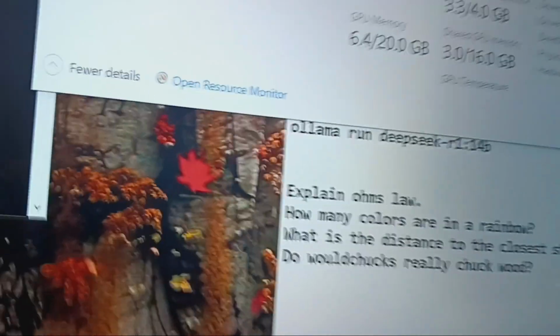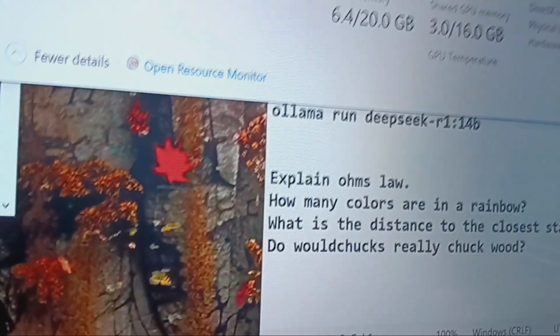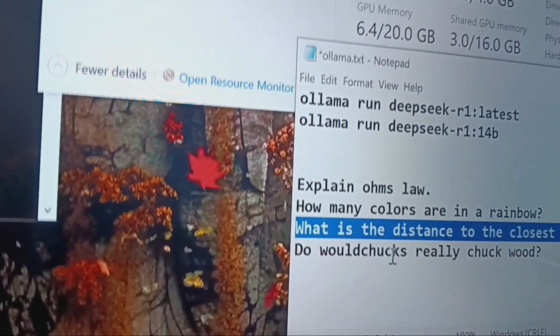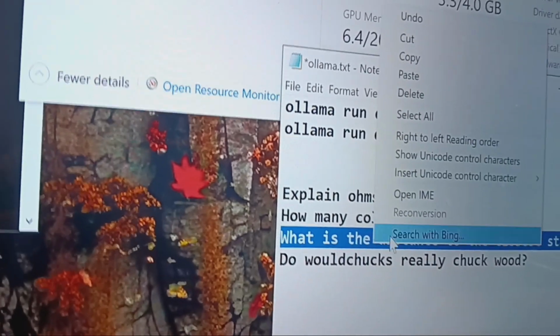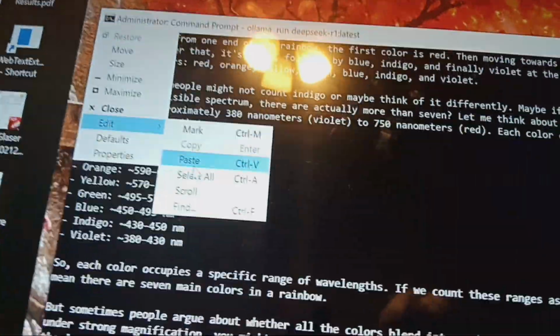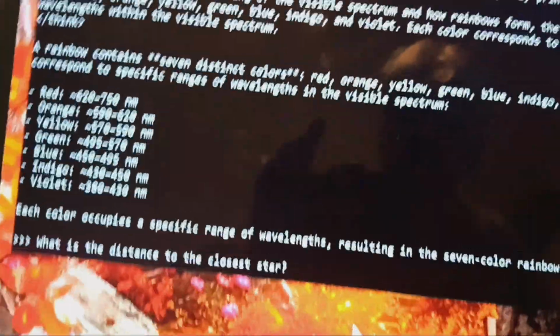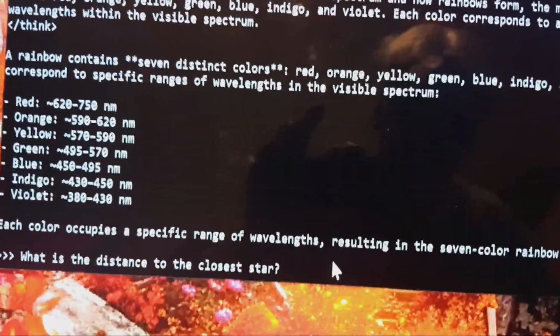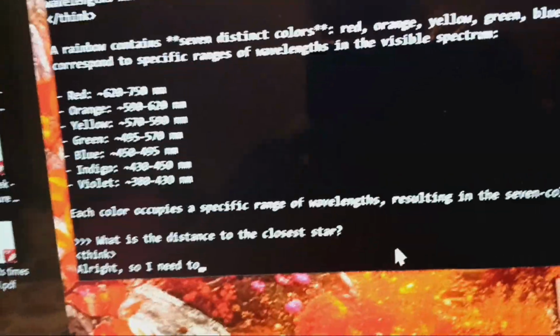Let's try the next question. And you see one of them is really messed up. That's intentional. So I'm going to copy this, come over here, and paste it in. There's the question: what is the closest star? Now, obviously, the sun is the closest star.